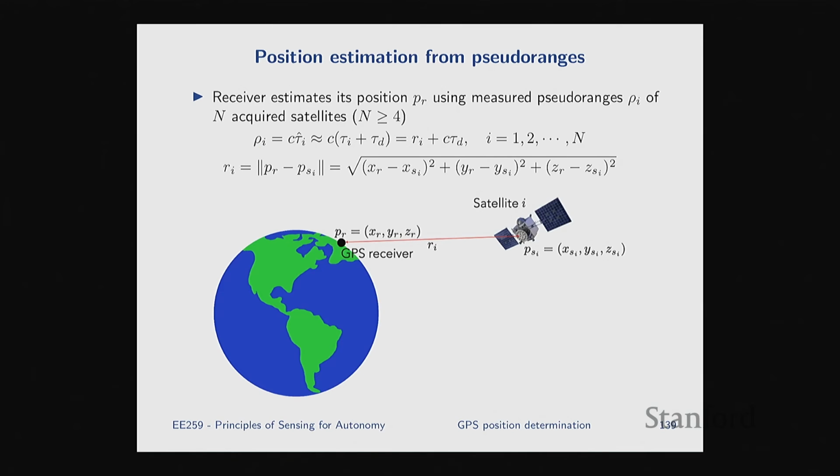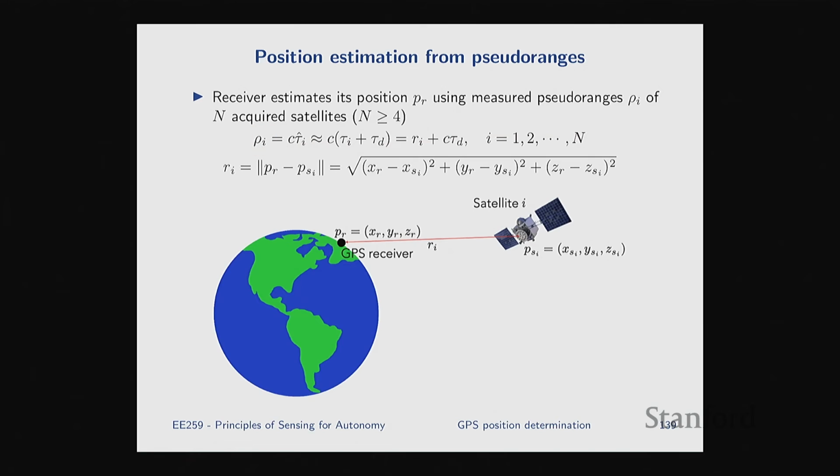So the pseudo-range is equal to the physical range, R_i, to each satellite, plus this error term, which is the speed of light times your timing delay. And you have these for as many satellites as you are tracking, let's say big N, and it's at least 4. So these are the measurements that you have.